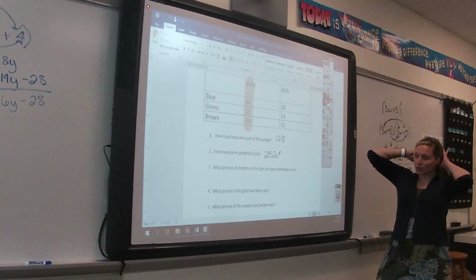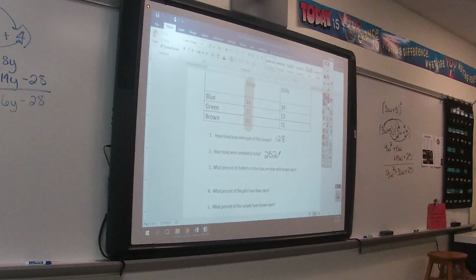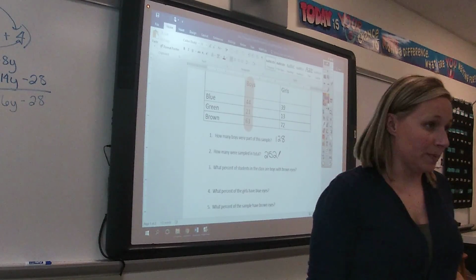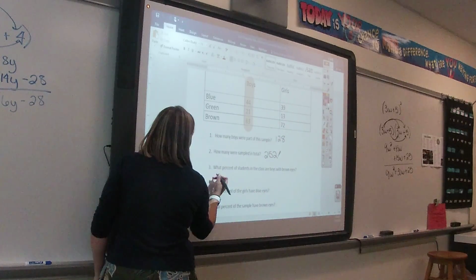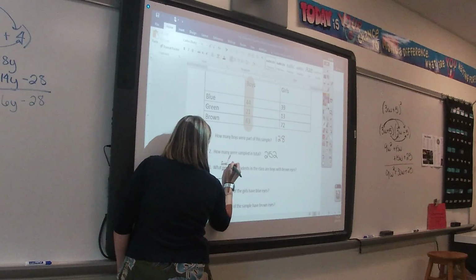We then can calculate what percent of students in the class are boys with brown eyes. Whenever something is asking us to calculate what percent of something, percents are always a fraction, which means every single time you calculate a percent, you will be writing down a fraction.